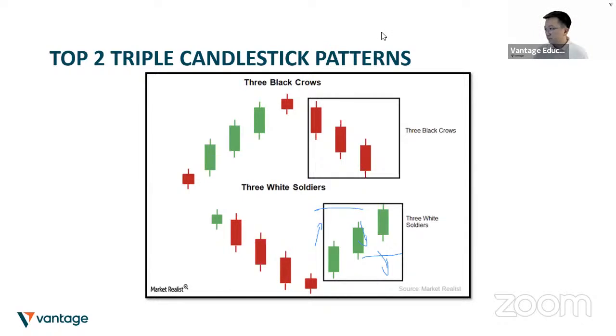Then the next triple candlestick pattern is the 3 black crows or the 3 white soldiers. So what's the 3 black crows? It's not so much in the name, but in terms of how the price had been moving. If this was a big upward move, and given that it's hit a resistance level, you can see a rejection, right?